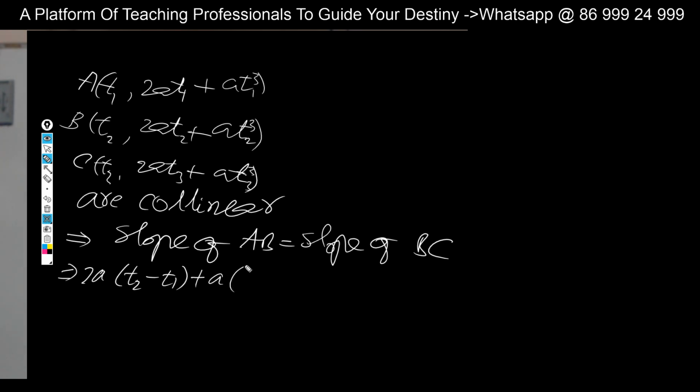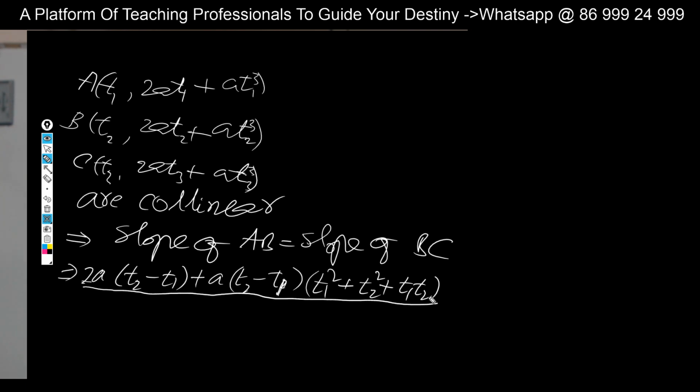A cube minus b cube formula: a minus b into a square plus ab plus b square. I hope everyone knows this formula. Divided by x2 minus x1, t2 minus t1.